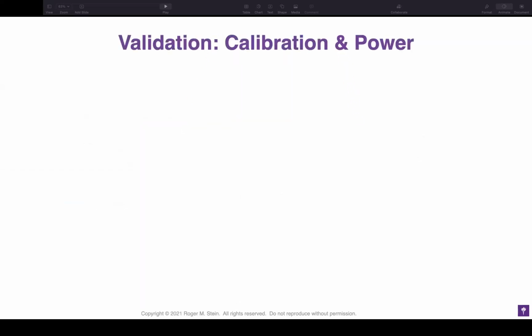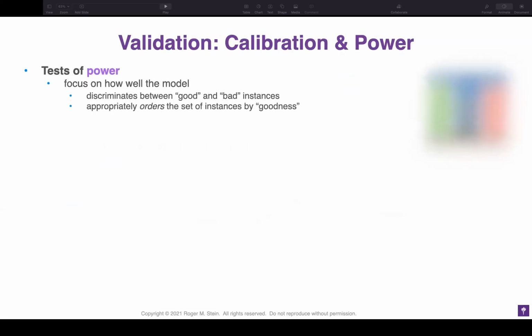Okay, so when we talk about validating models, it's always important to define our terms. In the early days of credit modeling, where Lisa and I did a huge amount of work in industry, some of it that was useful, we find that in the early days, there was not a clear definition even of what a good model was, what made a model good.